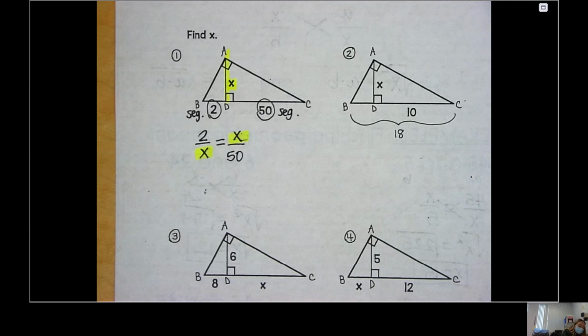So now this time, when I write my fraction, I know for sure that my altitude has to be here. And I know the other two pieces have to be my segments. What is my fraction going to be for this problem? 8 over 6 and 6 over x. Beautiful.